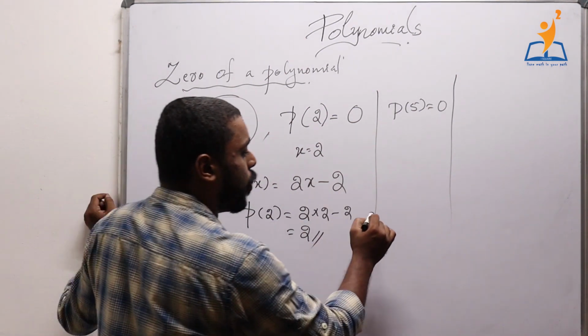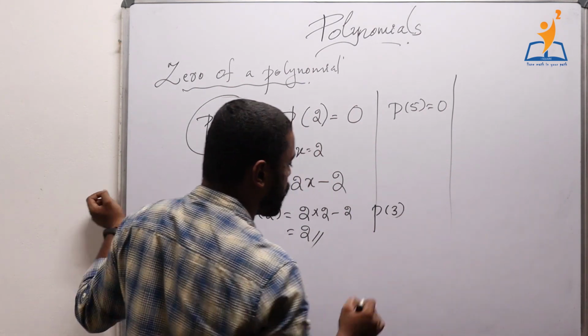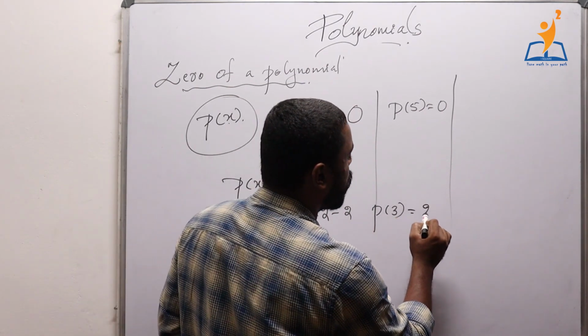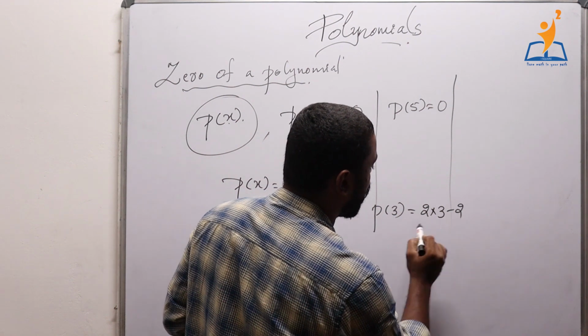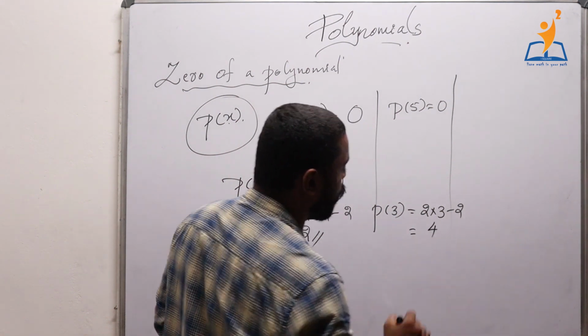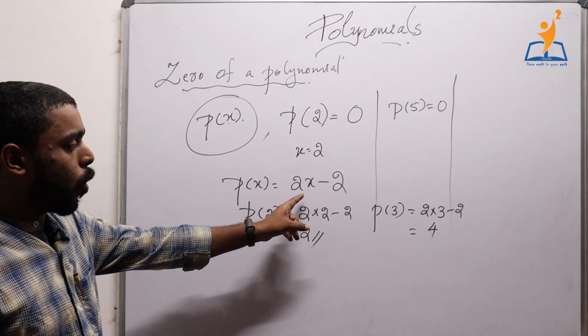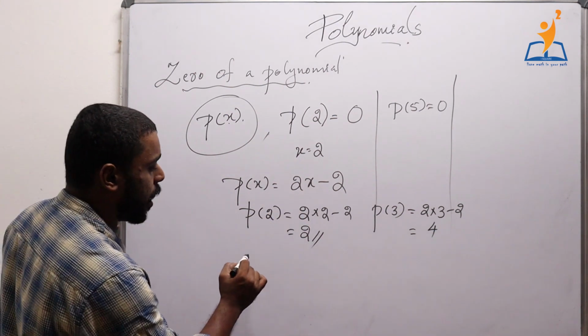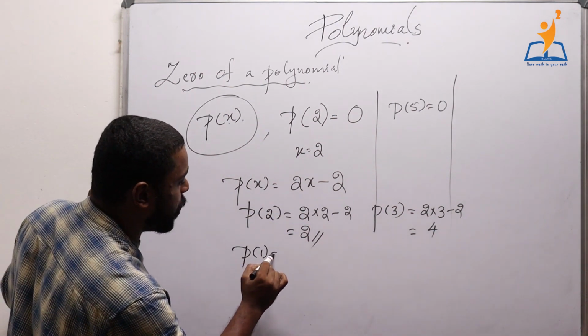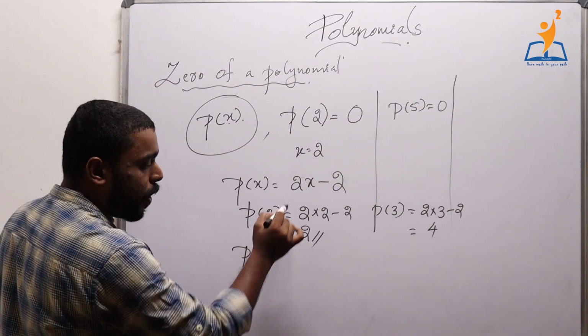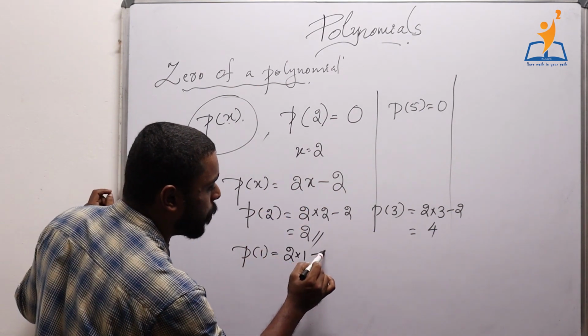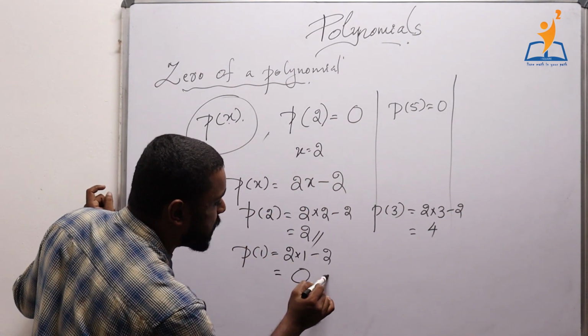Clear? And now we are going to find p of 3. What is p of 3? 2 into 3 minus 2 equal to 6 minus 2 equal to 4. Now suppose we are going to find p of 1. P of 1 is equal to 2 into 1 minus 2 equal to 0.